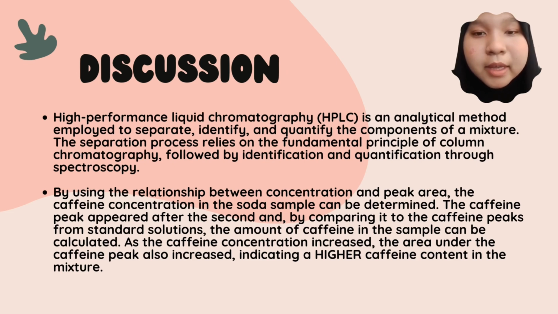The caffeine peak appears after the second, and by comparing it to the caffeine peaks from standard solution, the amount of caffeine in the sample can be calculated. As the caffeine concentration increases, the area under the caffeine peak also increases, indicating a higher caffeine content in the mixture.